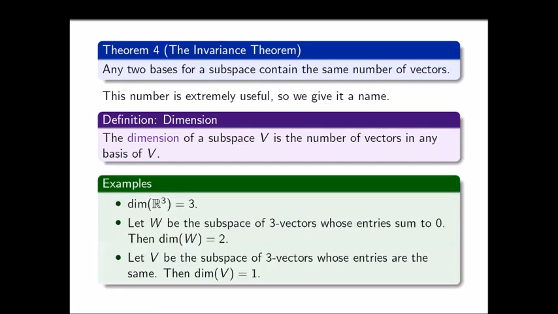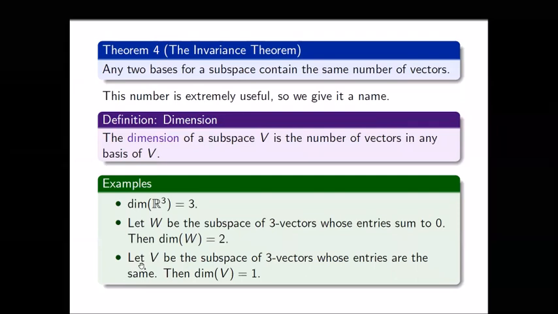For example, the dimension of R3 is going to be 3 because there are going to be three vectors. We saw this a moment ago. And if W is the subspace of three vectors whose entries sum to 0, a subspace that we dealt with in the first exercise, then its dimension is going to be 2 because we only need two vectors to form its basis.